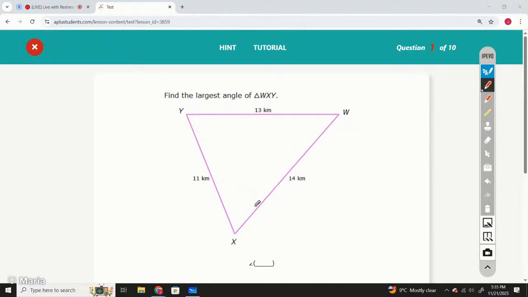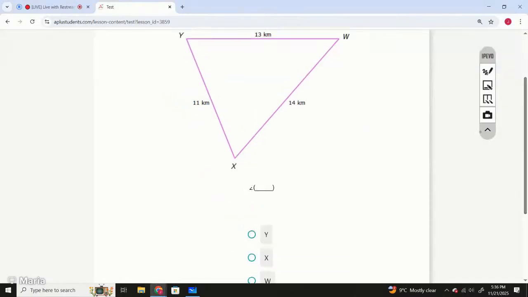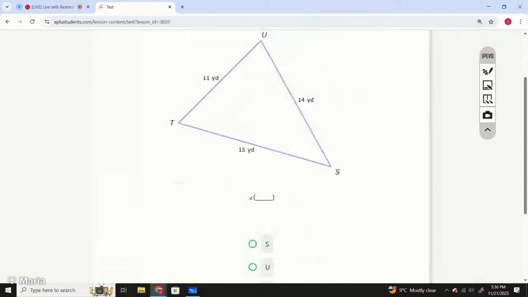The longest side is WX. So opposite to the longest side is the greatest angle. Opposite to WX we have Y, so angle Y is the greatest one, right? Look at the length of the sides, 14 kilometers is the longest one. So angle Y is the greatest angle.